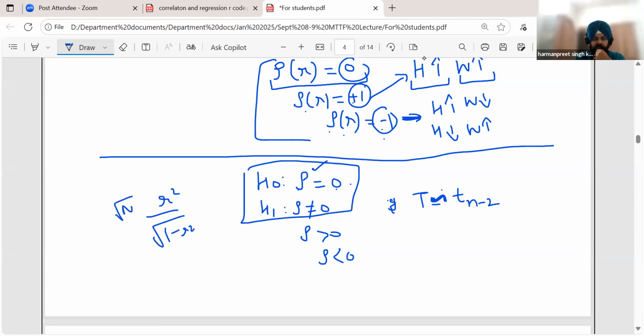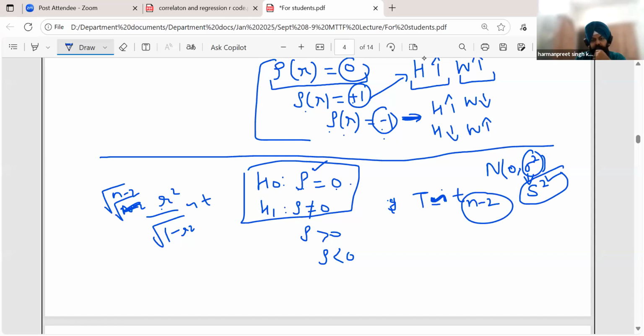That consists of the estimation of two parameters. What are the parameters? Once we are estimating rho with small r, we also have the assumption of a normal distribution with mean 0 and variance sigma square, but sigma square is unknown. So we estimate sigma square with the estimator s square. One loss is due to the estimation of sigma square, and another is because we estimate rho from the sample observations, that is r. That's why we have a loss of two degrees of freedom, so we have n-2 degrees of freedom.